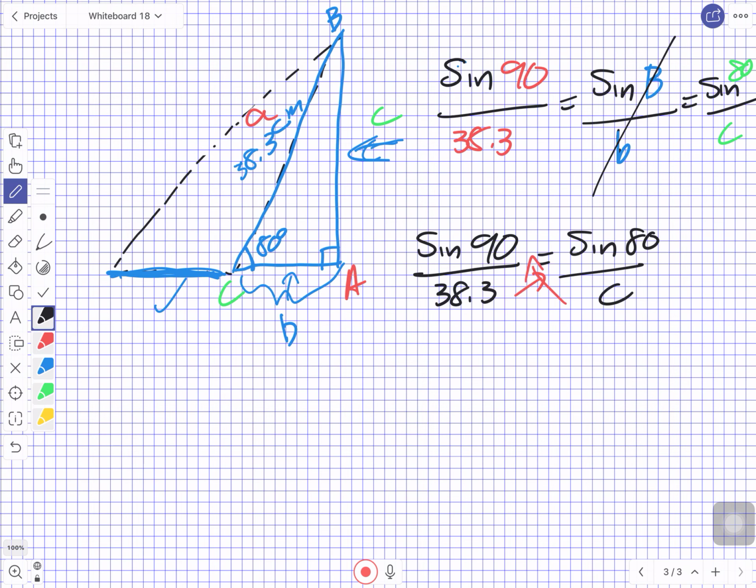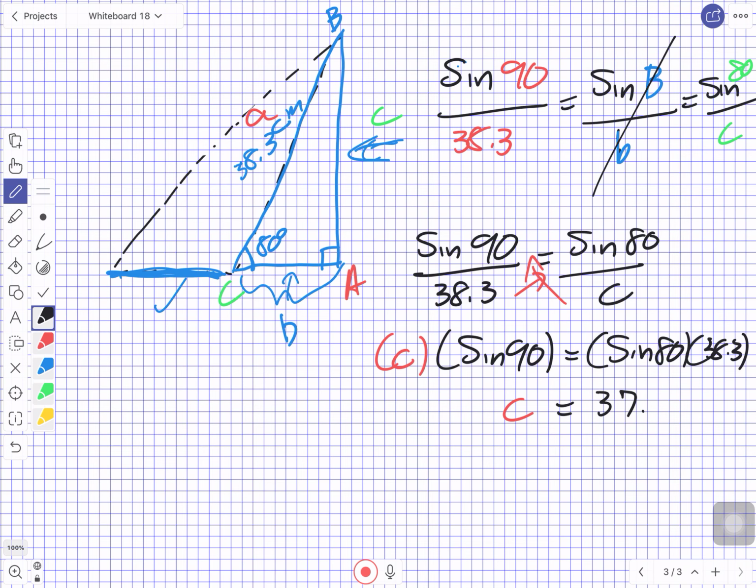This becomes C multiplied by sine 90, which I'm going to substitute the value of 1 in a second, equals sine 80 times 38.3. So really what you got to solve in your calculator while I'm finishing this up, find out what sine 80 is, whatever that value is, and multiply it by 38.3. Since sine 90 is only 1 times C is just C. And when you multiply the two, 37.7.